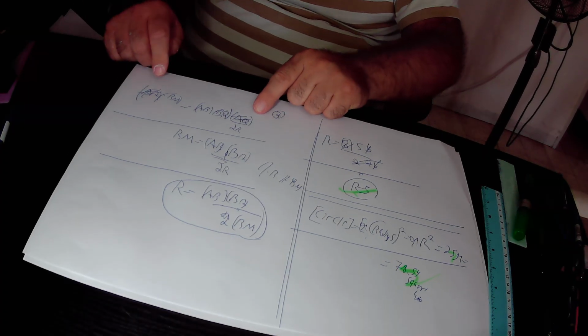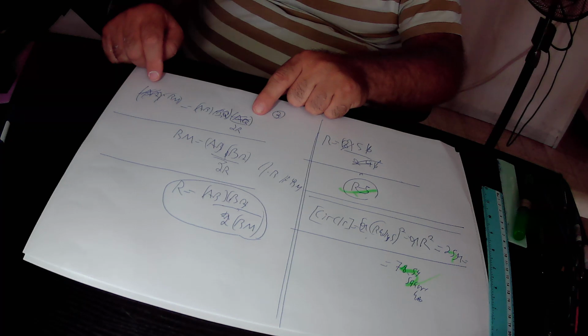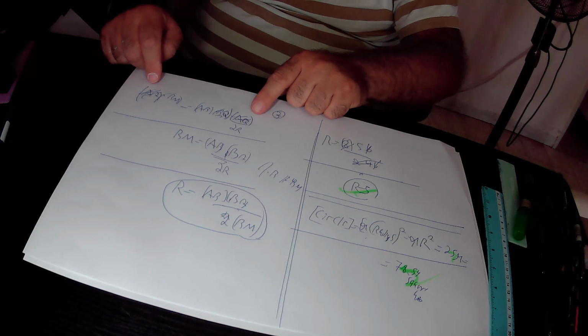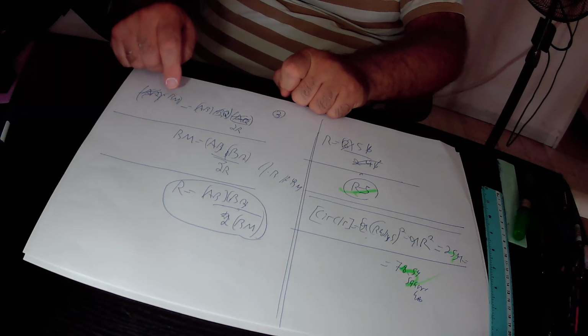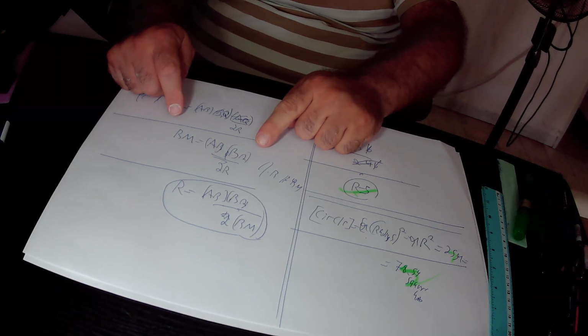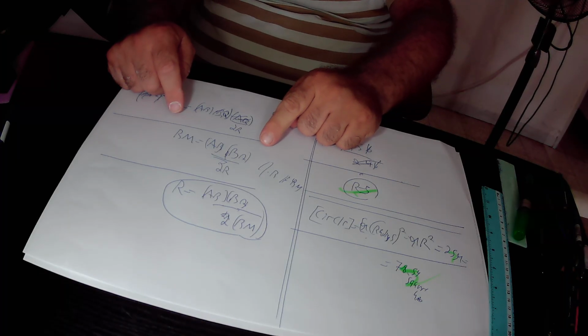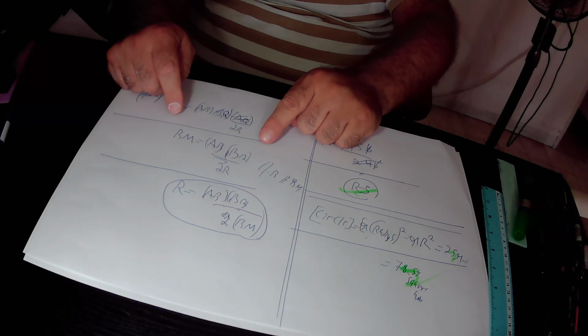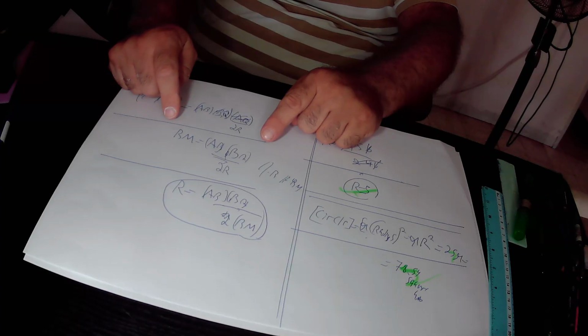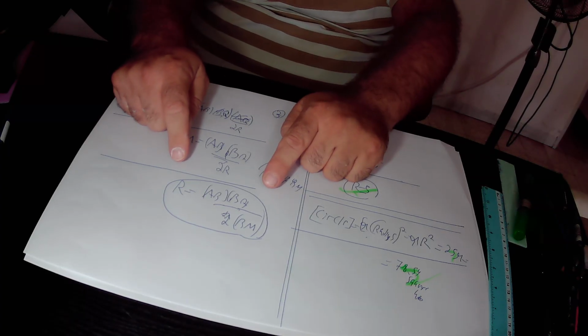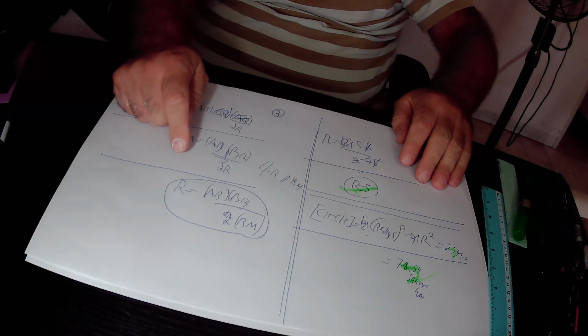We have AQ on both sides of this equation, so AQ will cancel. After cancelling AQ, we find that BM equals AB times BQ over 2R. Here we multiply this equation by R and divide it by BM simultaneously. We find that R equals AB times BQ over 2 times BM.